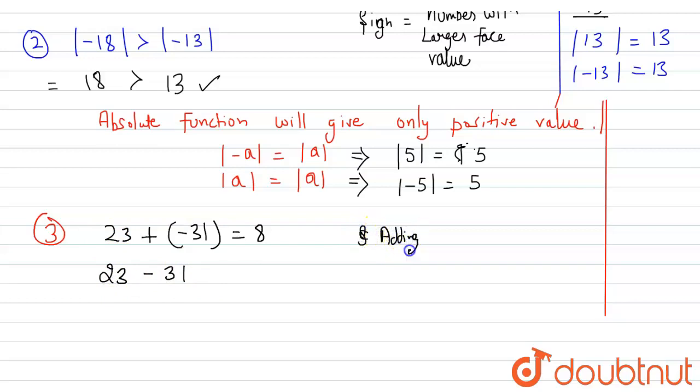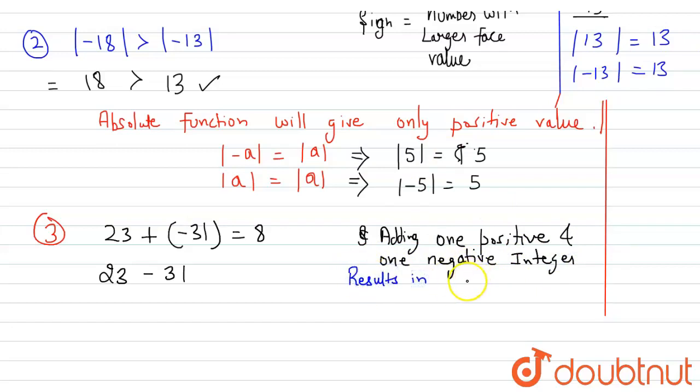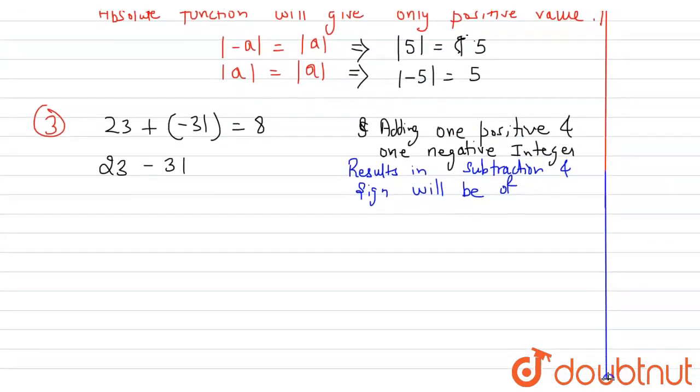Adding one positive and one negative integer results in subtraction, and the sign will always be that of the larger face value in any case.